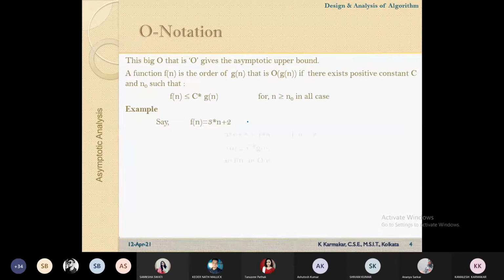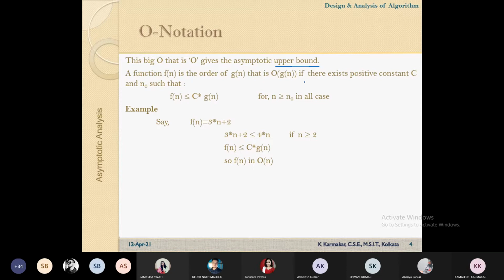So here we are representing it using big O notation. What is big O notation? You are already familiar with it. It's the asymptotic upper bound. Upper bound means we will be able to determine a bound such that this function will always perform better than this.